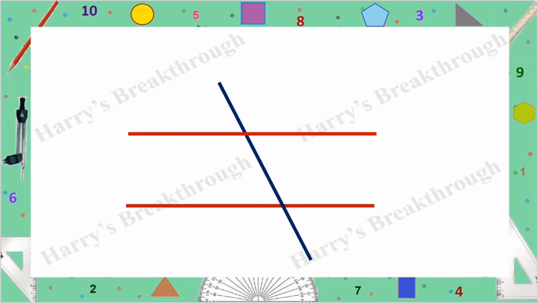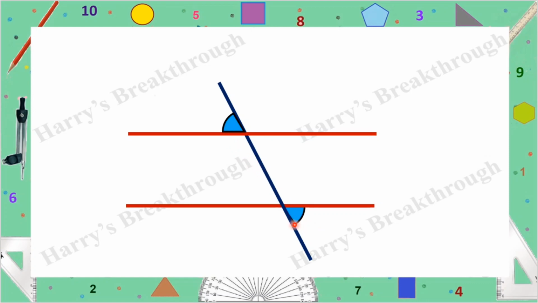Okay. Let's go to another topic. Here also you can see a pair of parallel lines and a third line cutting across them. Here also you got 8 angles. Now here you can see a pair of angles. Can you find any similarities in these angles?